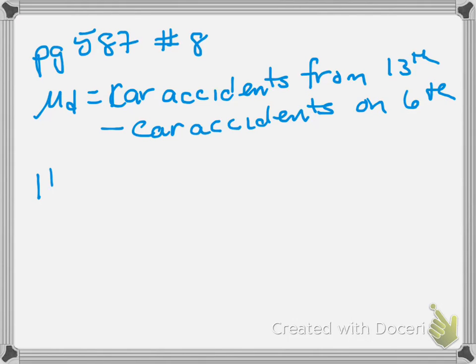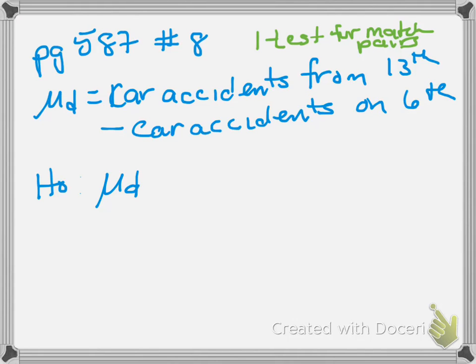So I'm going to do my hypothesis. Let's do this in green. This is a 1 t-test for matched pairs. My H0 is mu D, the mean difference, is equal to 0, and it's always equal to 0 because there is no difference.